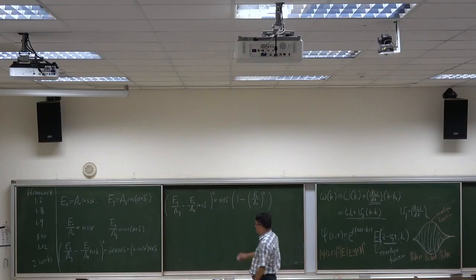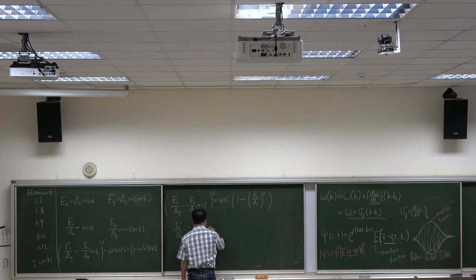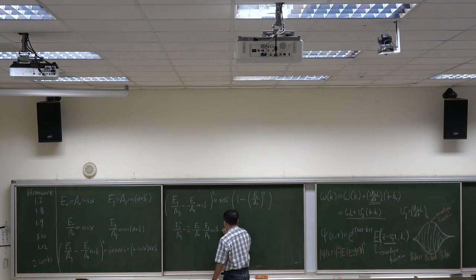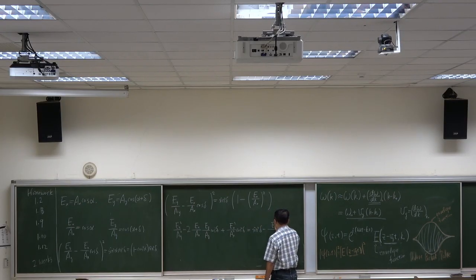So we can expand both sides: dy squared over ay squared minus 2 dx over ax dy over ay cosine delta plus dx squared over ax squared cosine squared delta is equal to sine squared delta minus dx squared over ax squared times sine squared delta.